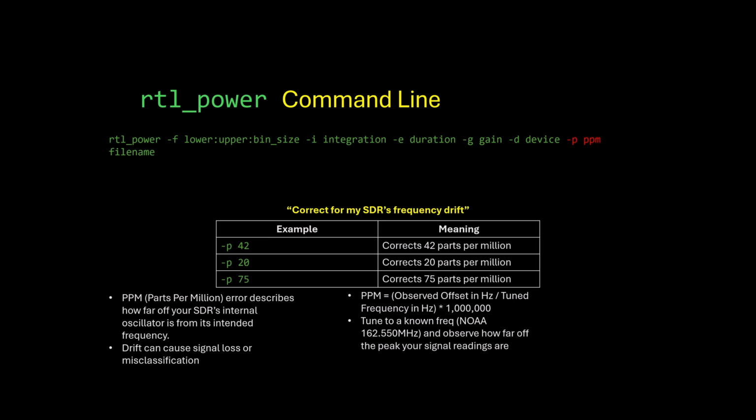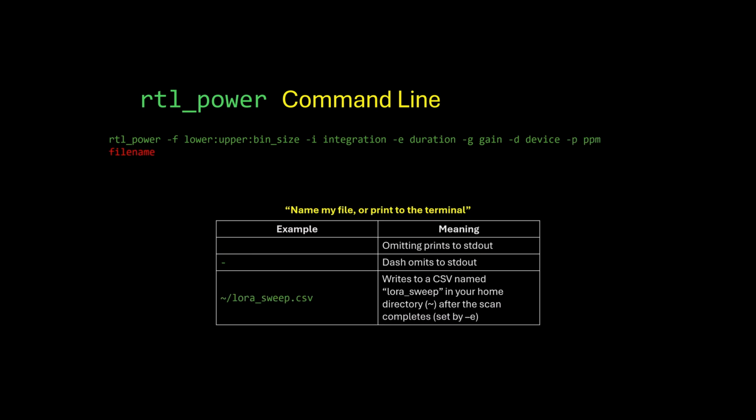You're going to be able to listen to it wherever you are. So take a reading off of that, maybe do a smaller bin size, and for 5 seconds, 10 seconds. And if you see that you're off from the peak by however many hertz, that's how you could calculate that, right? Nice and easy. And then finally, the file name. If you don't put anything here, it prints to the standard out. If you put a dash, it prints to the standard out.